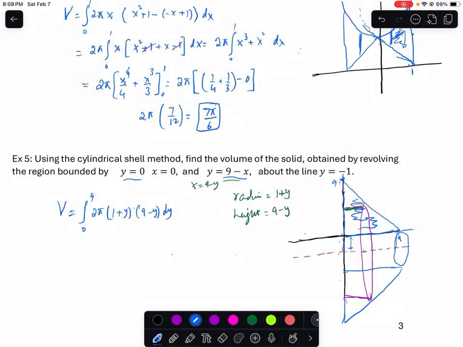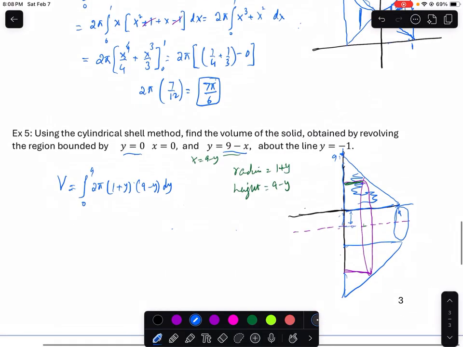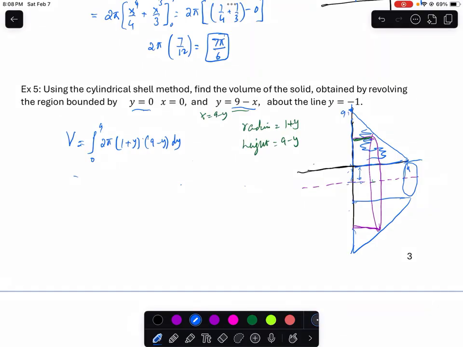So you have to be careful when you have these lines which are not on the axis but parallel to the axis. So you have to add or subtract whatever the situation is, that much value. So we distribute, and get 9 plus 8y minus y squared dy.